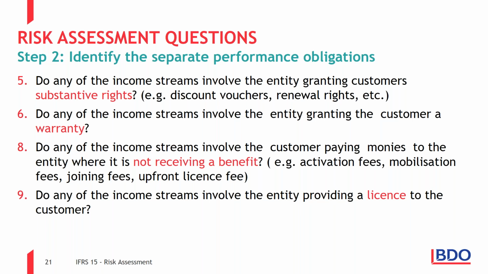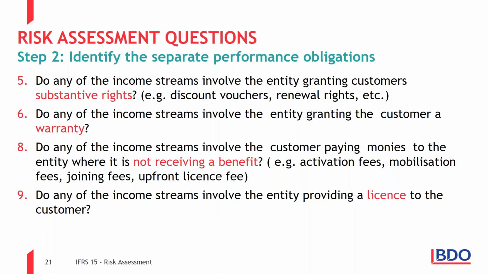So you've got an option to renew a subscription, but is the option to renew at a market value, or at a hugely discounted amount? So as soon as we've got those substantive rights, substantial discounts or lower prices, we potentially have separate performance obligations.